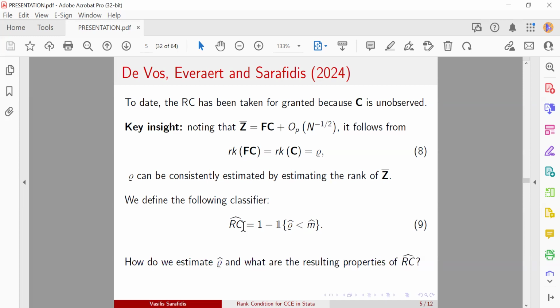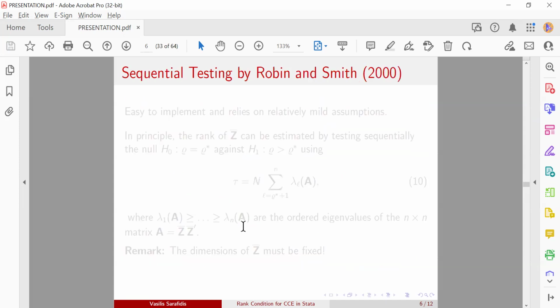So the question now is, how do we really estimate rho, the rank of Z bar? And what are the resulting properties of the binary classifier? There are several methods in the literature available for estimating the rank of a random matrix. In our paper, we have adopted the sequential testing procedure proposed by Robin and Smith in 2000.